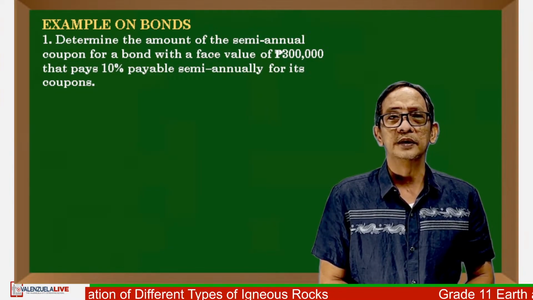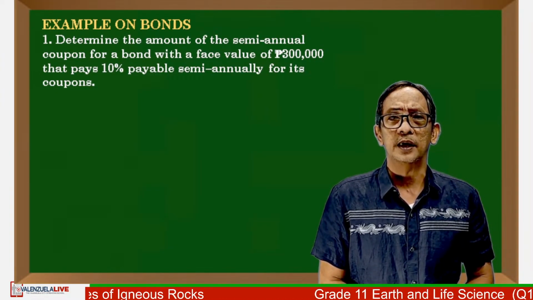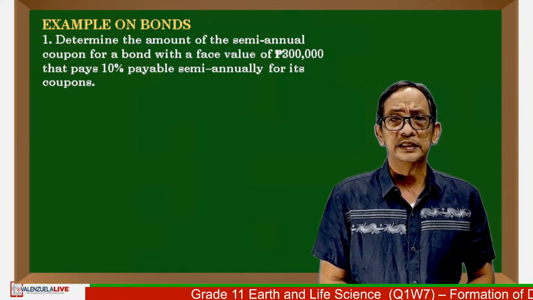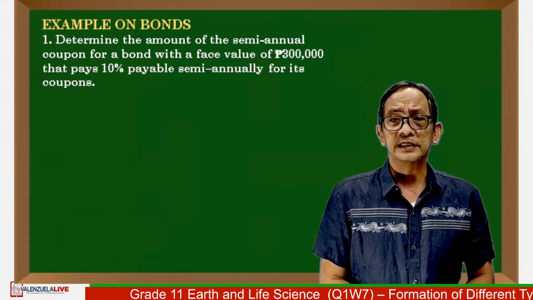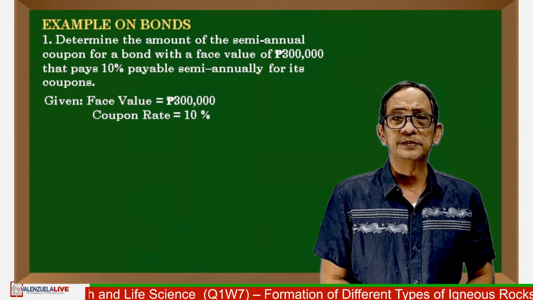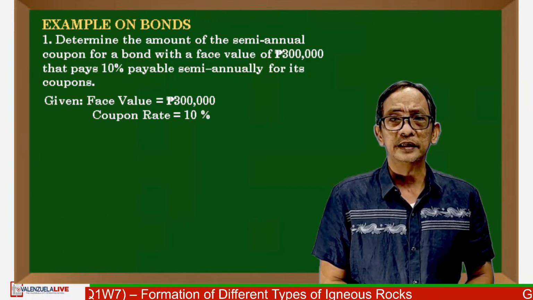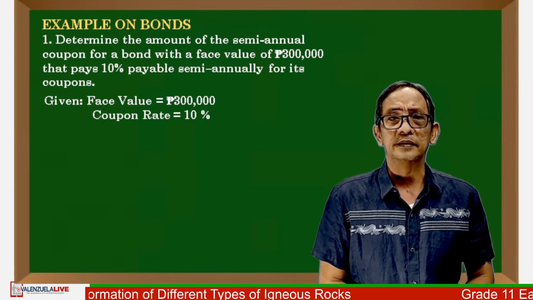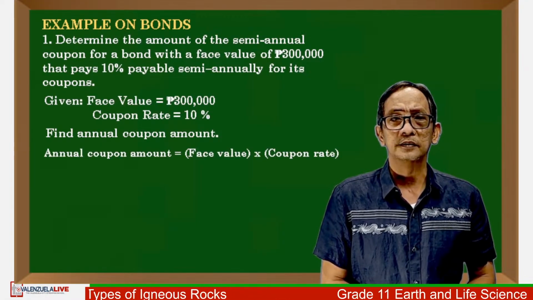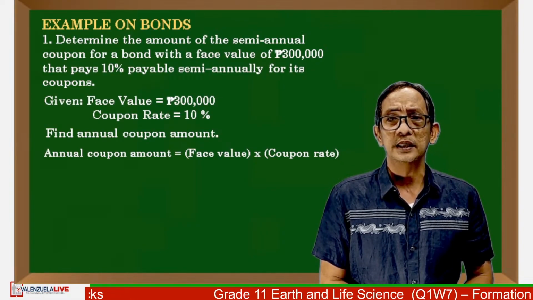Number 1. Determine the amount of the semi-annual coupon for a bond which have a face value of 300,000 pesos that pays 10% payable semi-annually for its coupons. Given, face value is equivalent to 300,000 pesos. Coupon rate is 10%. Find the annual coupon amount. Annual coupon amount is equal to face value times coupon rate.